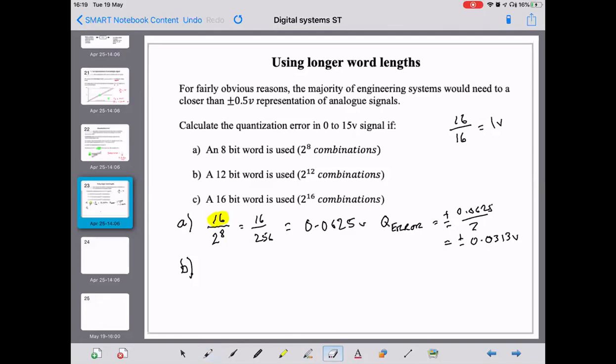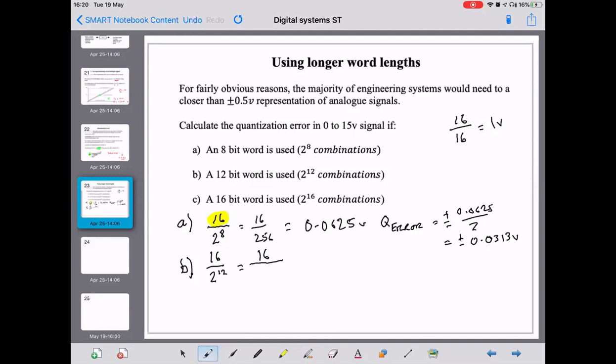So if you do 16 over 2 to the power of 16, that'll give you... We were doing the 12-bit word. Oh wait, not 16. So we have a 2 to the 12. You said 16.